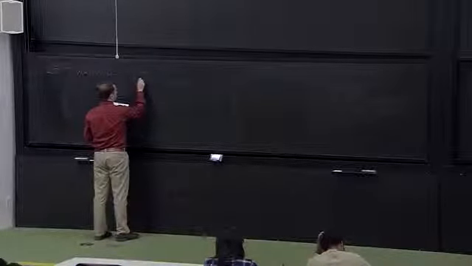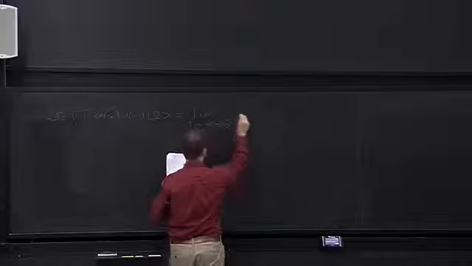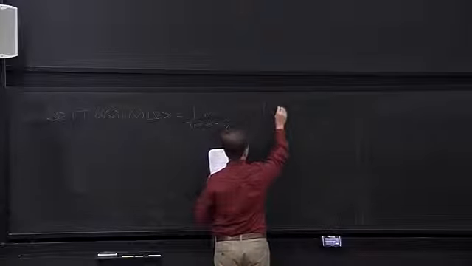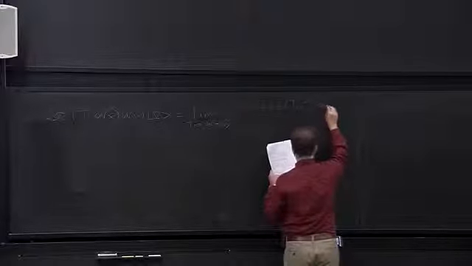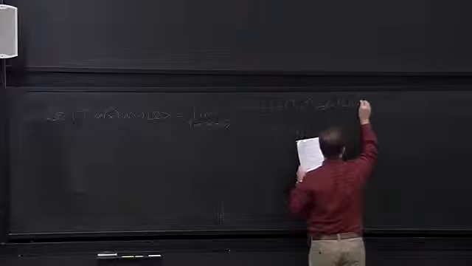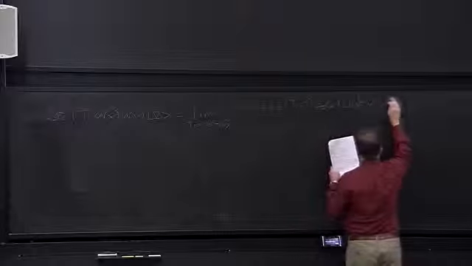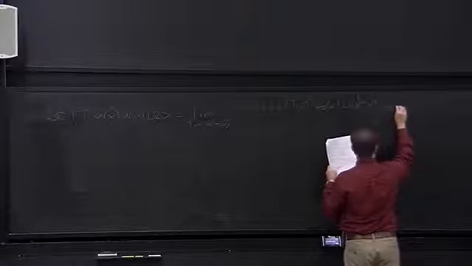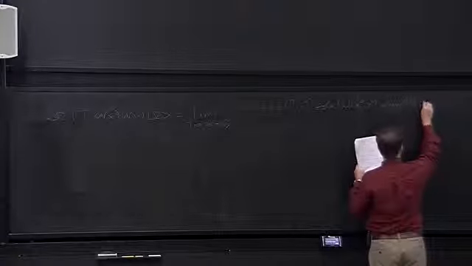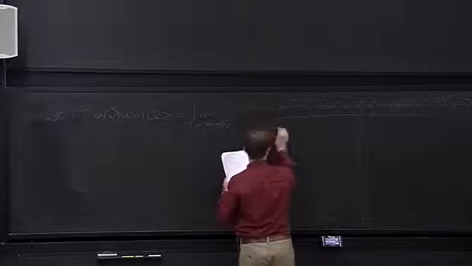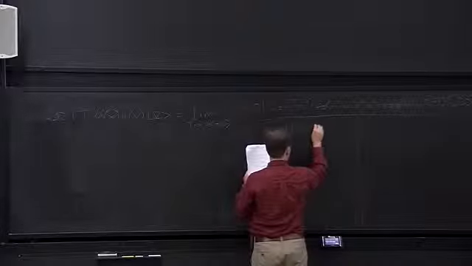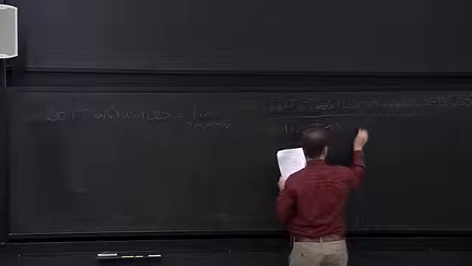So putting this together, we get that this expectation value is the limit of 0, U_I of t x naught, phi_I of x, U of x naught y naught, phi_I of y, U of y naught minus t, omega, over 0, U_I of t minus t, 0.